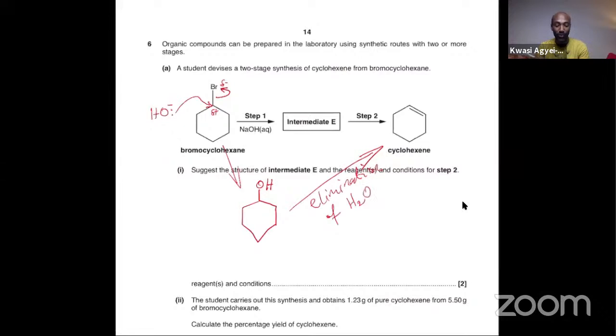So elimination of water would require an acid, so phosphoric acid could be your reagent for this elimination. H plus from phosphoric acid protonates the OH, and then the carbon-oxygen bond breaks, and you've got water leaving. And what you end up with is a double bond being formed here, so that you've got that alkene, cyclohexene.